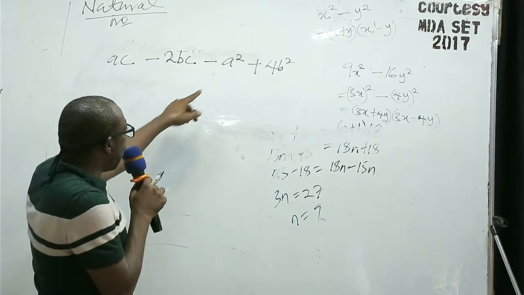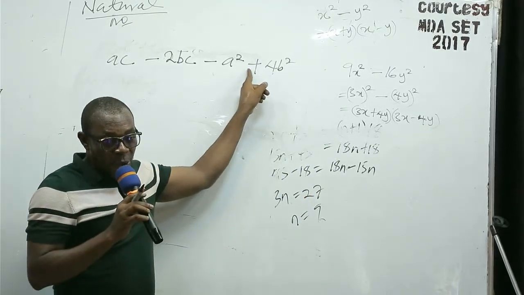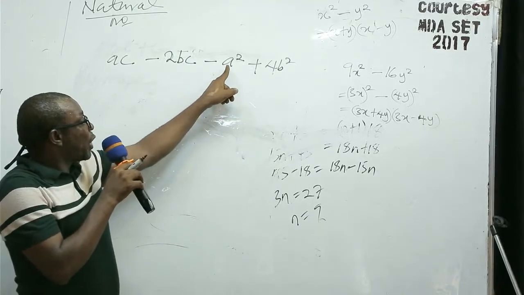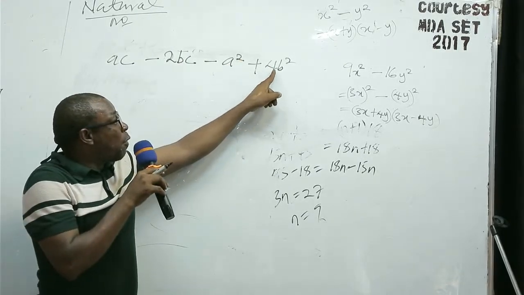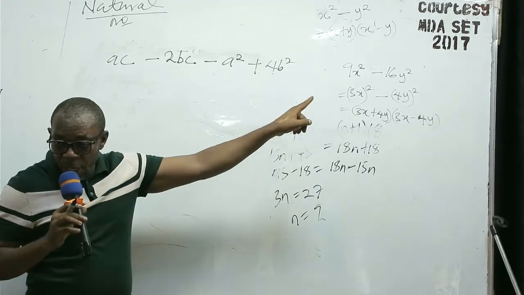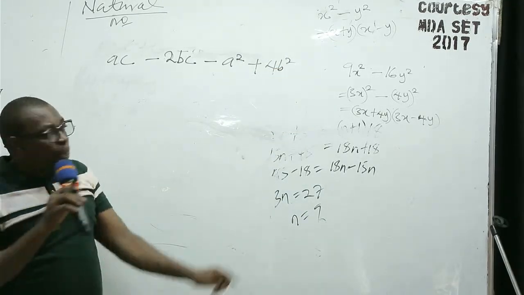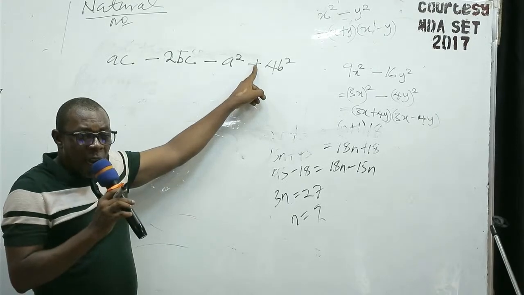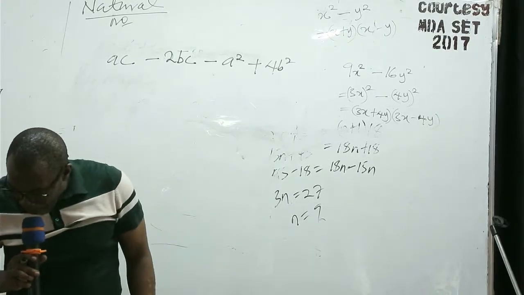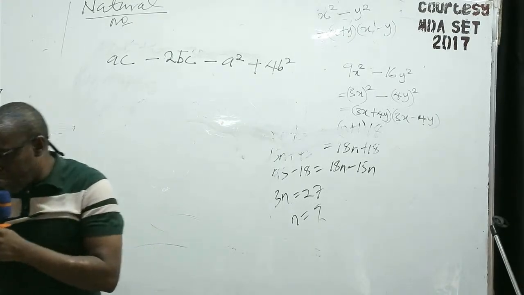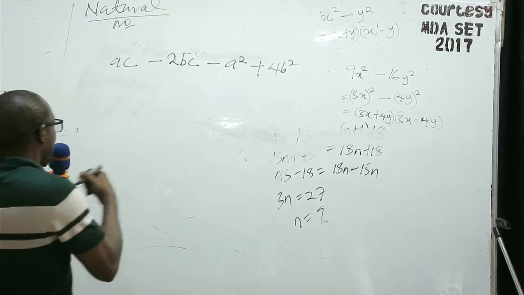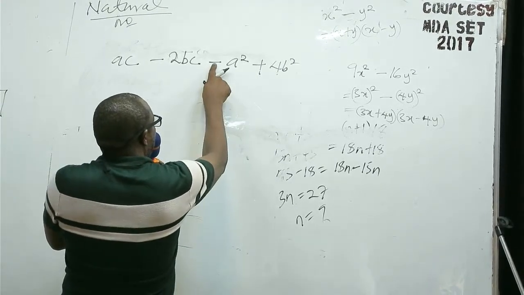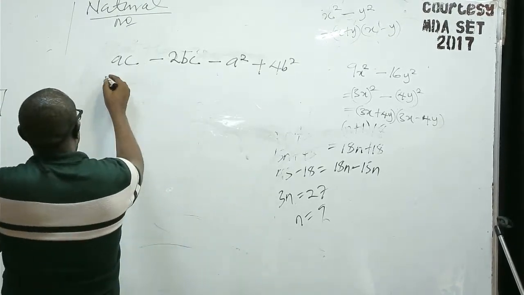Now, did you notice something here? Look here now. What is the square root of a squared? A. What is the square root of 4b squared? But there's a problem. The problem is that here was meant to be minus. But what is it? Since it is plus, can we do something? We can do something by removing minus from here. Watch out.